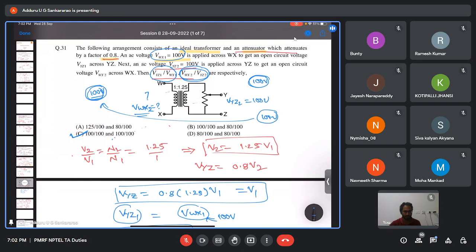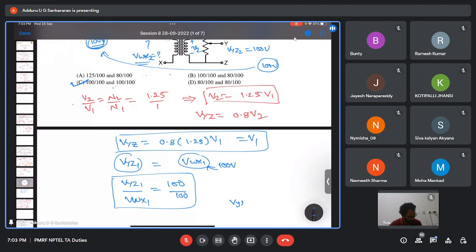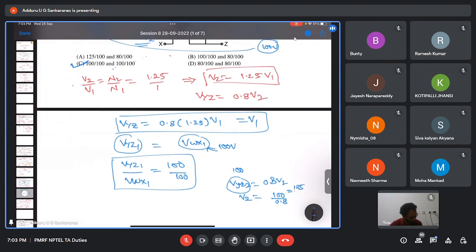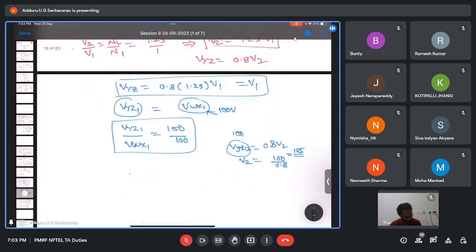If you have any doubt, you can solve in the similar way. Let us say this is V2, then Vyz2 is 0.8 V2. Vyz2 is given as 100, so that is 100 by 0.8, so V2 is 125. Now V1 we want in this case.